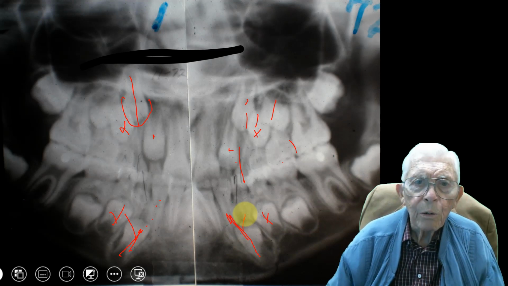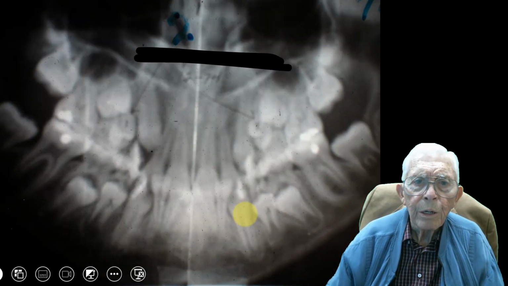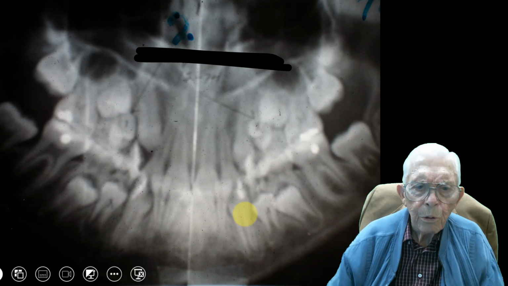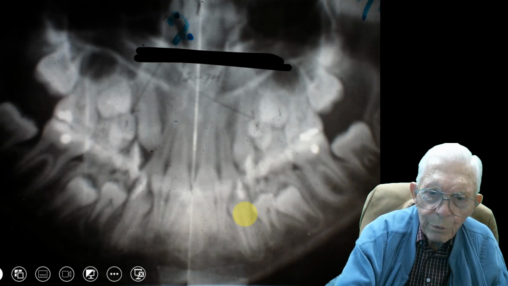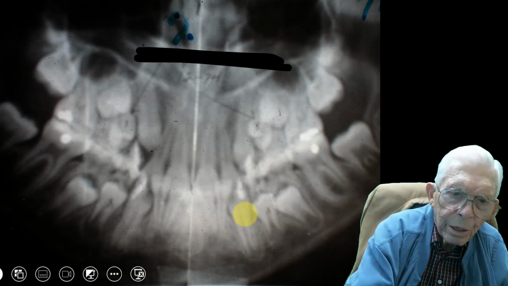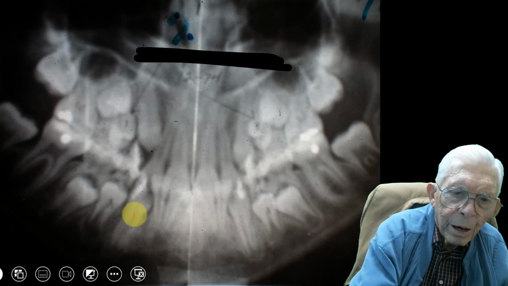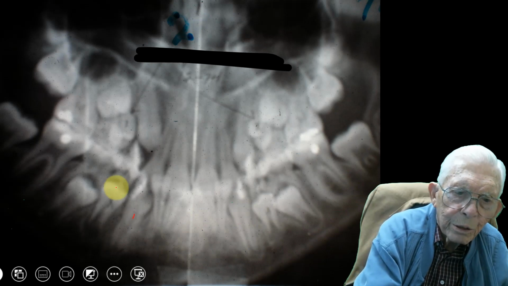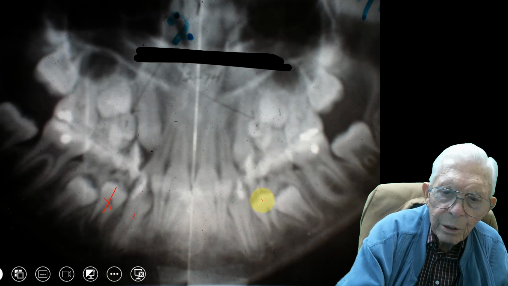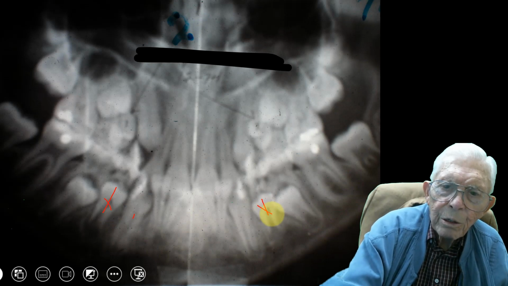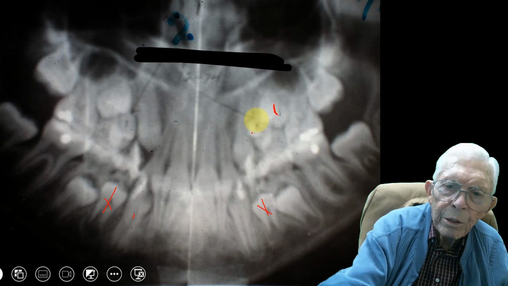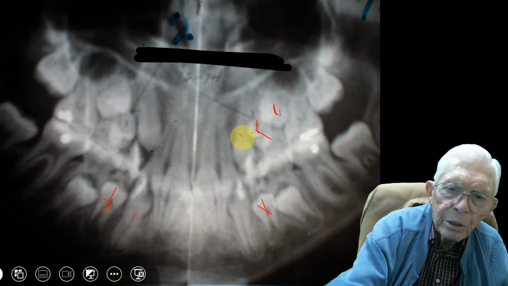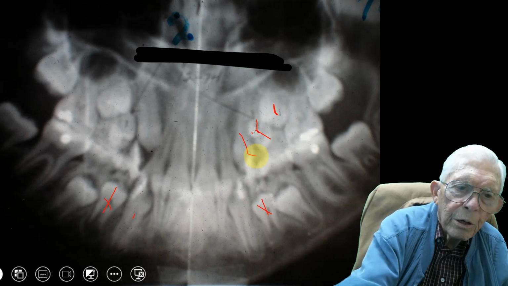That's 1, and here's 2. We sliced those teeth hoping to get room, but we couldn't make it, so we have to come back and look at it. We still need to take the first bicuspid out, and this cuspid will move over here.